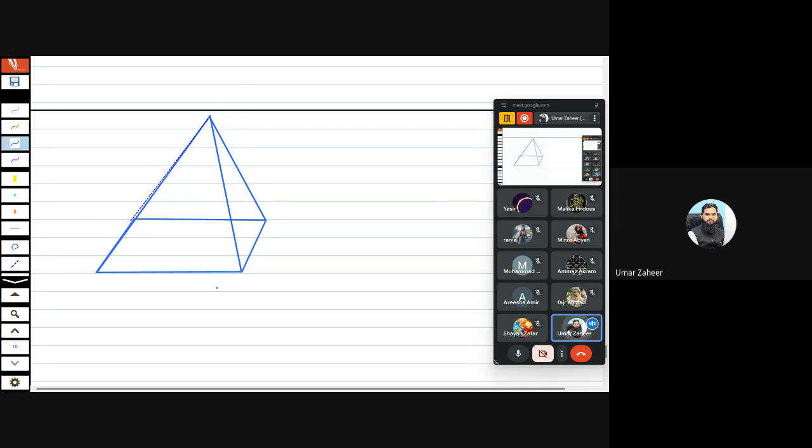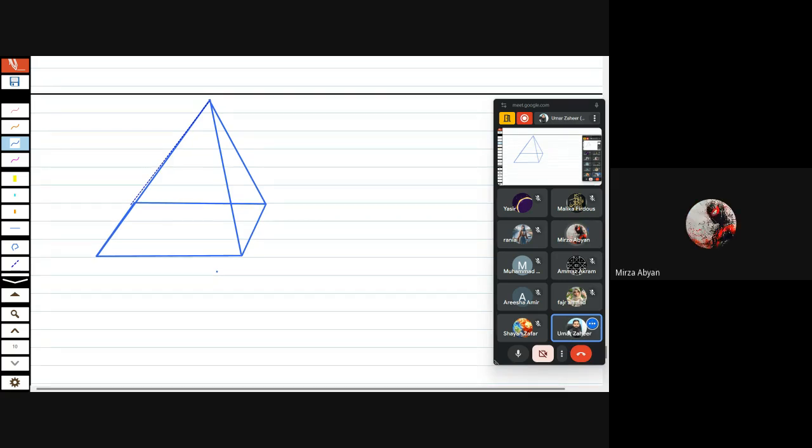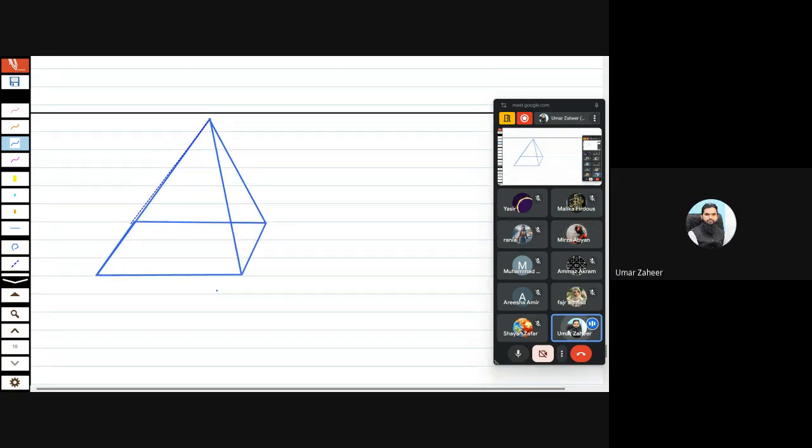Look at here, this is the pyramid, but it is not a square base, it is a rectangular base. It is a length, it is a width, and this, let's say it is the height, it is S.